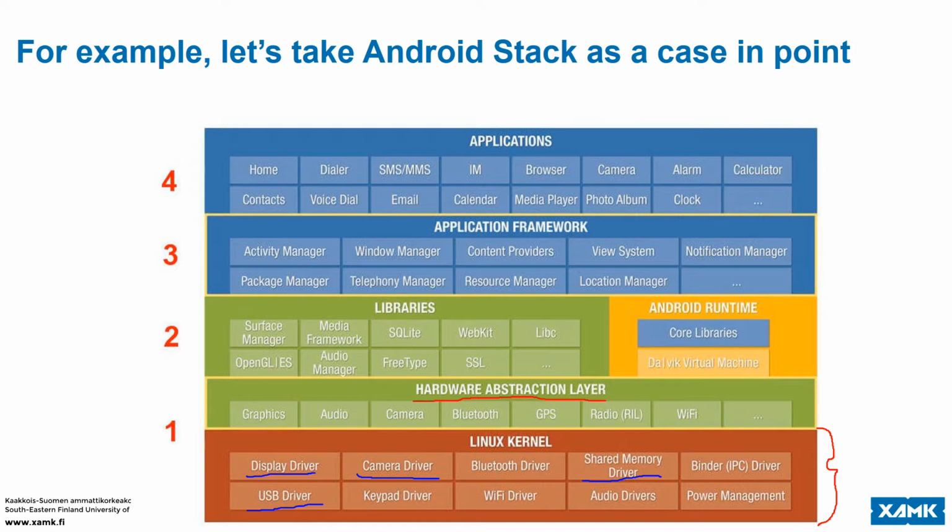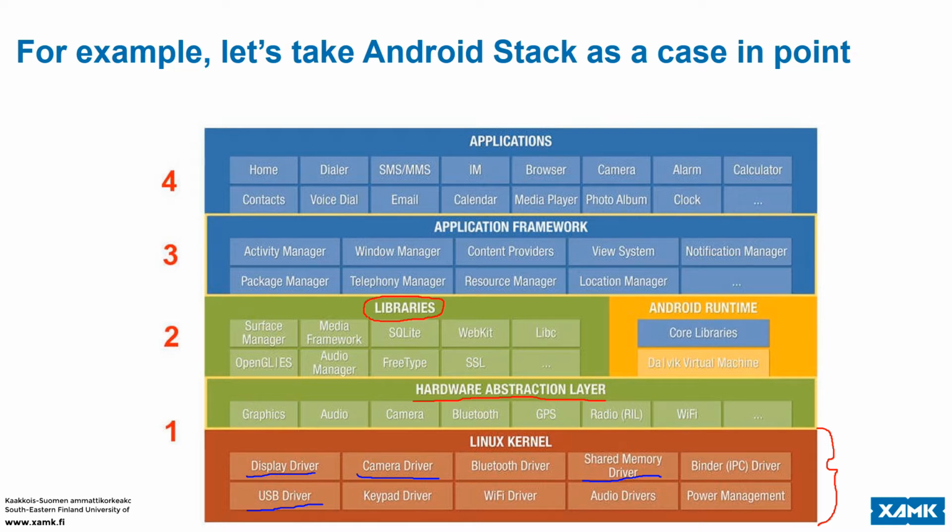On top of the hardware abstraction layer, there are different libraries, and if you work as a software developer or you take any programming course, apart from the first programming course, then you might see libraries. And libraries are definitely something that programmers work with. So there are different libraries.